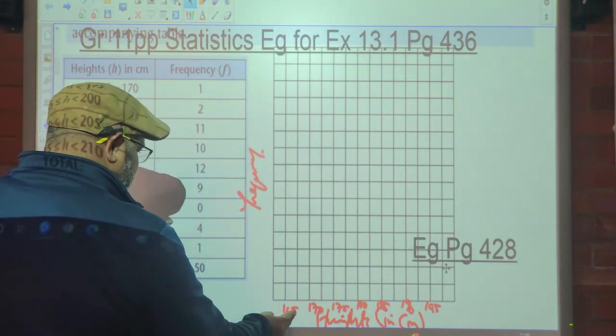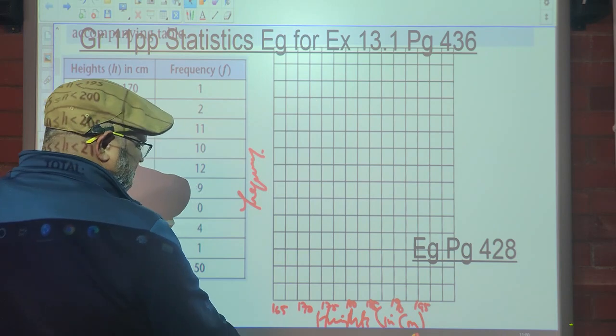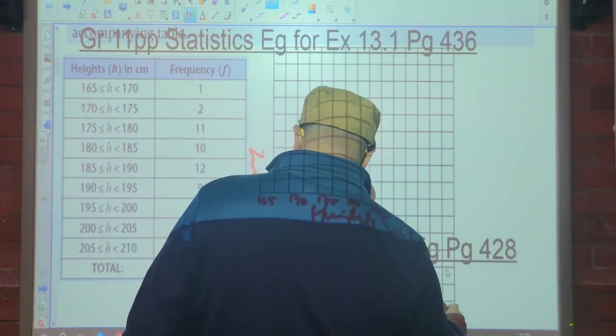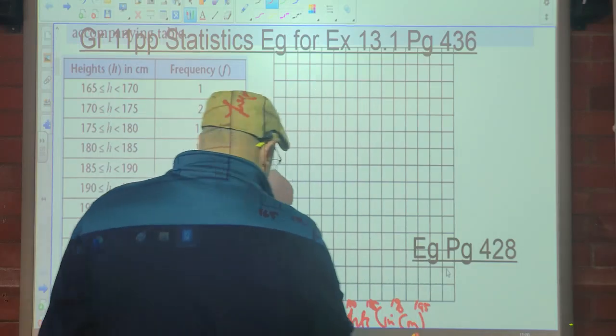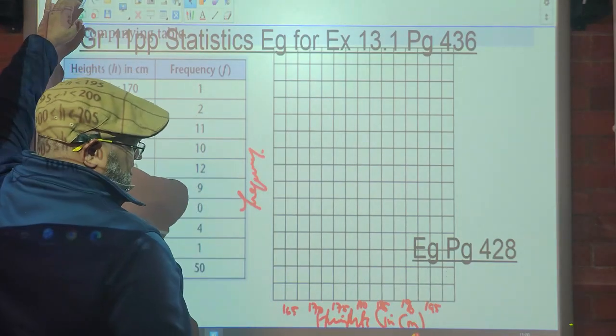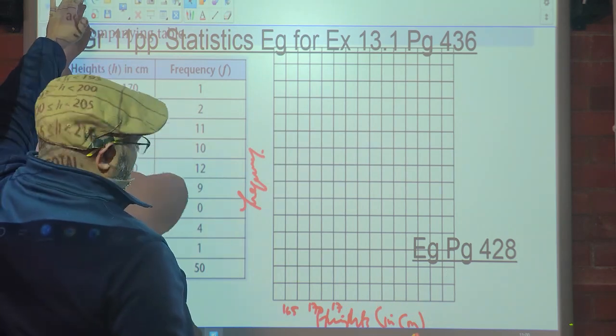Okay, so that's not going to work, so I need to bring it over a bit. That's not going to work, it's going to be too cramped.